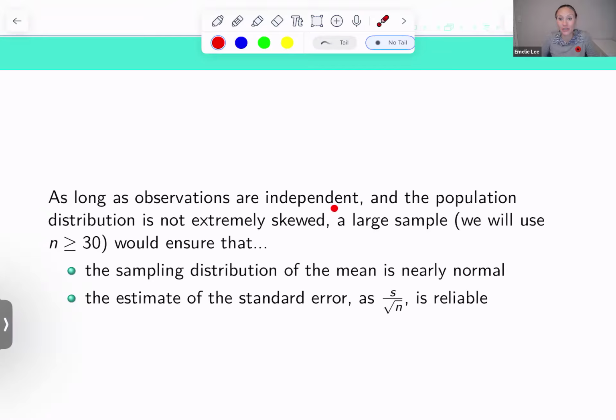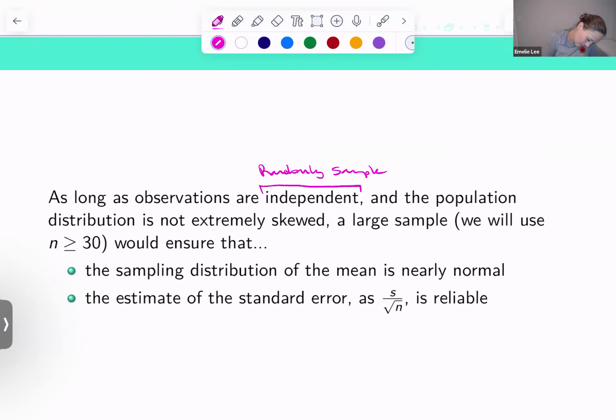But how can we make sure that they're independent? As long as I've randomly sampled, I can assume that they're independent. And the population distribution is not extremely skewed.